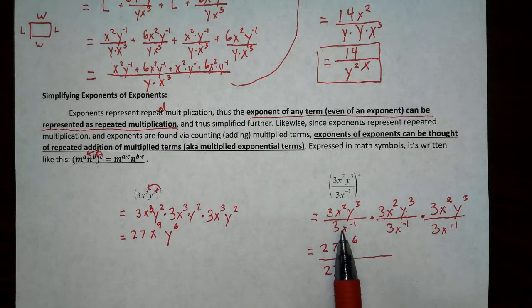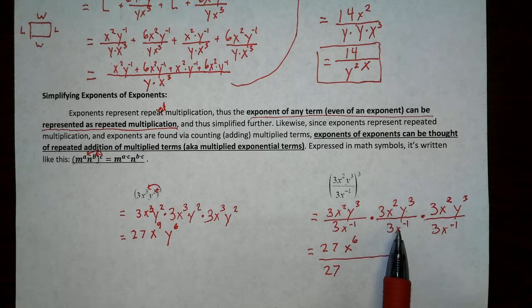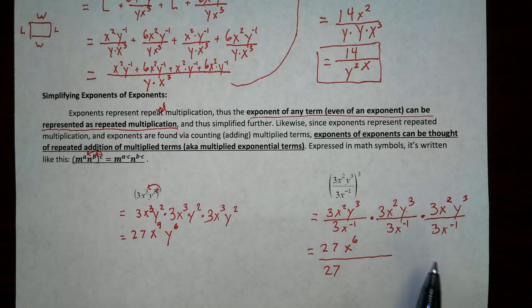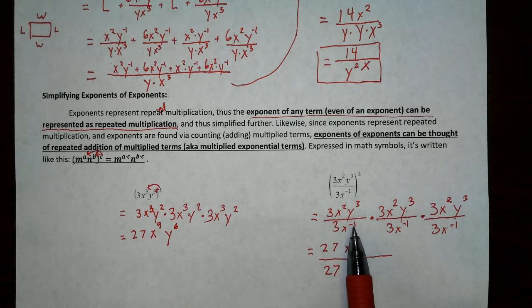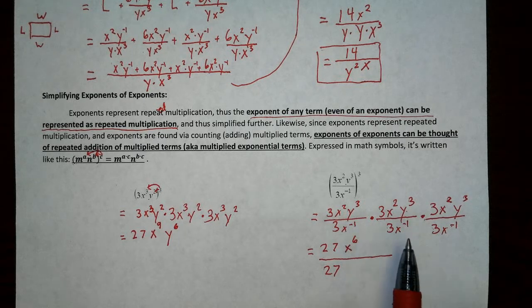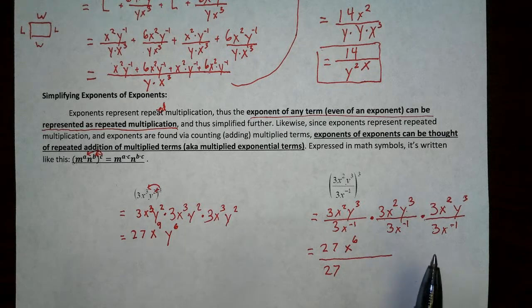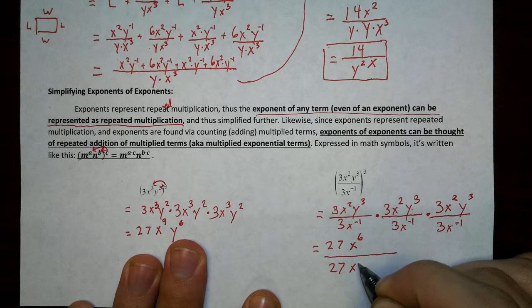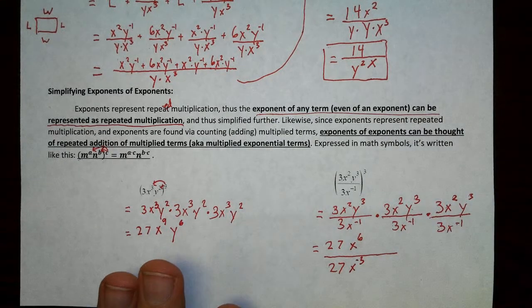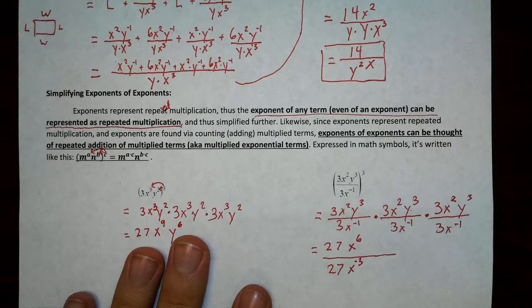We have a negative of x that's being taken away from the multiplication, right? Another one that's being taken away from the repeated multiplication, another one being taken away. Imagine you lose 3 times, and each time you lose 1. You lose a total of 3. So that's going to be x to the power of negative 3. Okay?